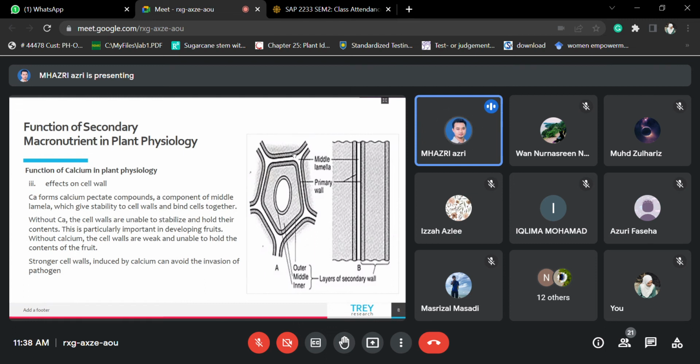So when pathogens want to penetrate into plant tissues, they cannot penetrate, because the middle lamella of the cells is filled with calcium pectate, which cannot be degraded by catalytic enzymes produced by pathogens.